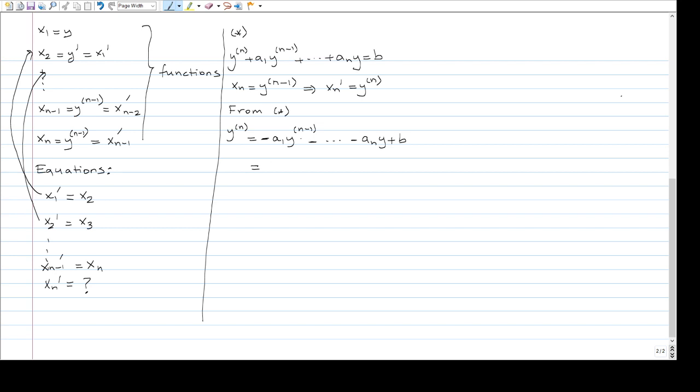But the n minus first derivative of y is the function xn. The n minus second derivative of y is the function xn minus 1.